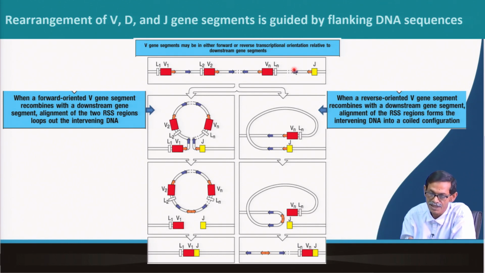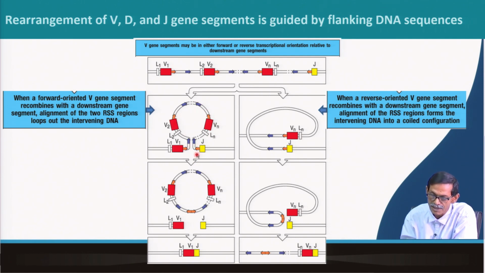What is happening as a result? All the internal sequence in between this V and J becomes a very big loop, clear, very big loop, where V2 to Vn. That means, if there are 38, one is joining, so 39 V segments are in this loop with all this sequence.